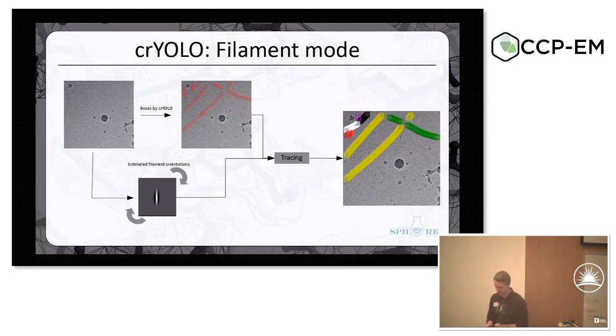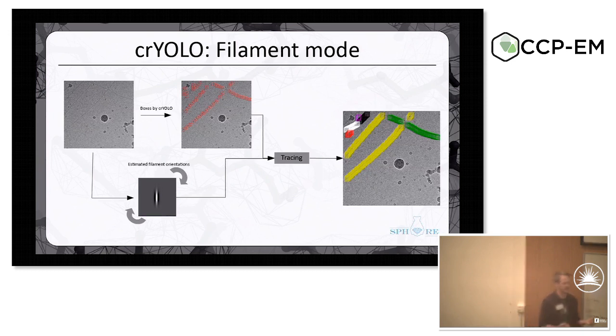The last feature of crYOLO that I will show you is the filament mode. So you train crYOLO using training data generated by the E2 helix boxer by manually labeling your filaments. And what you get, if you then apply crYOLO, are these red boxes here. The next step is basically a post-processing step.